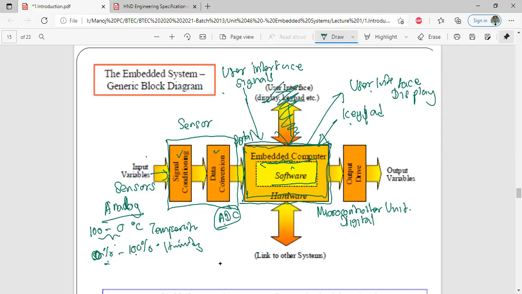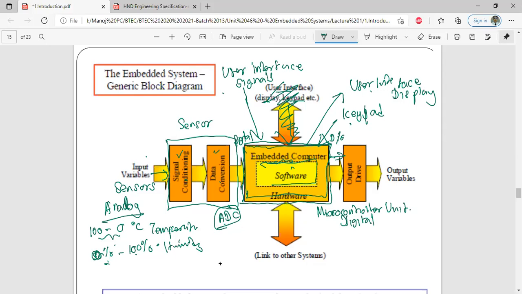So it should be fed into the controlling or processing part of this. Then there will be the output, which will be given into this. That output is again a digital output.